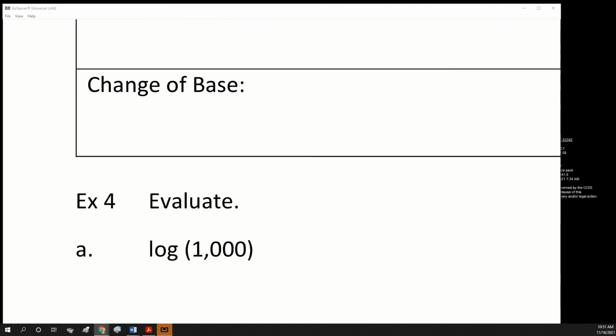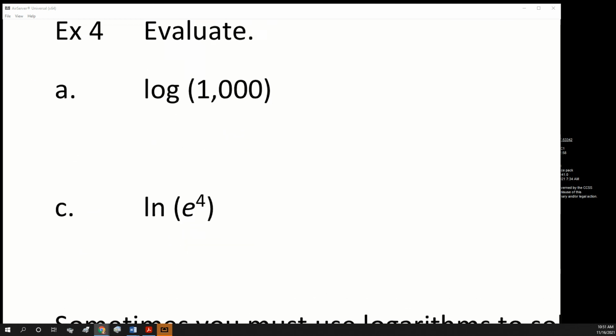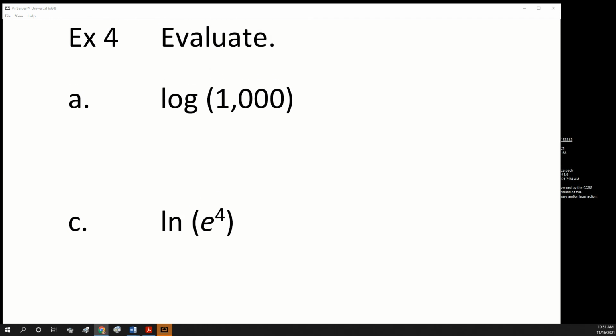Okay, so let's do example 4. So we want to find the log of 1,000. And so remember, log without a base is log base 10. If I wanted to rewrite 1,000 as 10 to some power, because anytime it's 1 with some zeros, it's 10 to some power, what do you guys think that power is? 3. So however many zeros there are, that is the power.